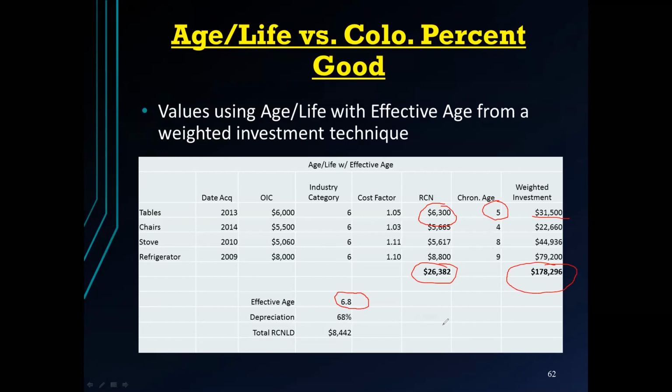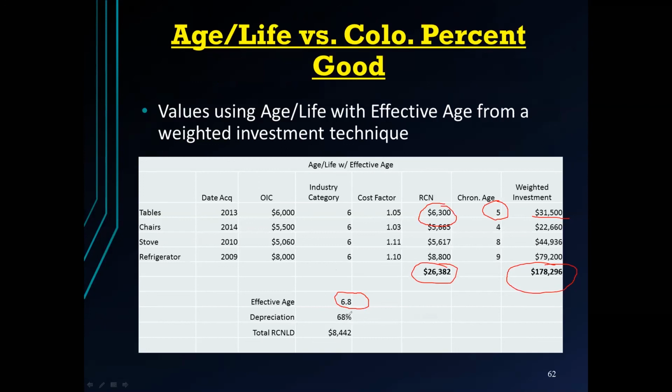So instead of determining depreciation for each asset, they're going to determine it for the entire grouping. So if you have an effective age of 6.8, and you can round it, but we'll keep it at tenths here for a little bit, that's the same thing as saying that it's 68% depreciated if these all have a 10-year economic life, right? So 6.8 divided by 10, 68%.